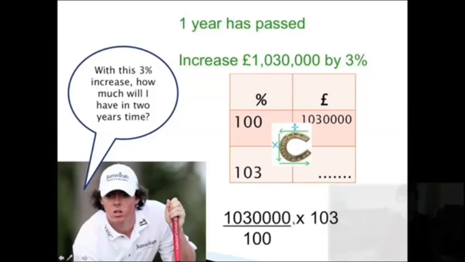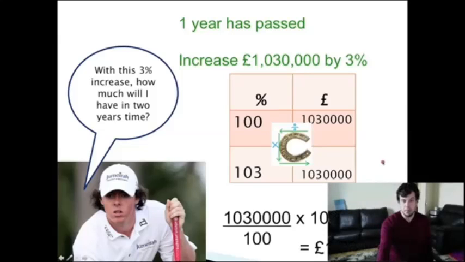You can press equals after this calculation and then times 103, or in this example it would work if you do it as one full step. With your equals button, you've now got £1,060,900, a £60,900 increase from when he originally invested his £1 million 2 years ago.